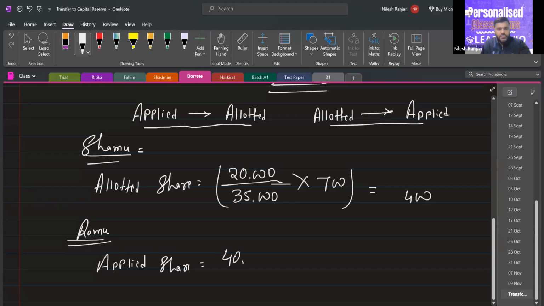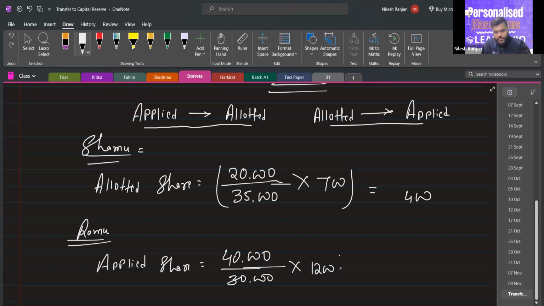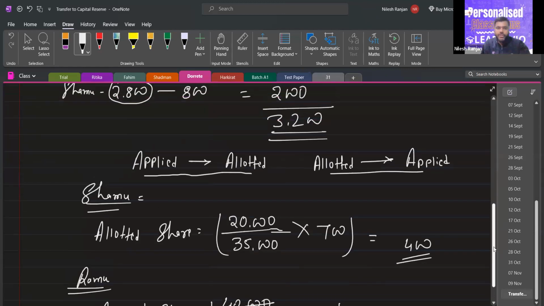So 40,000 divided by 30,000 into 1,200, it is 1,600. So this is how we calculate allotted and applied share.